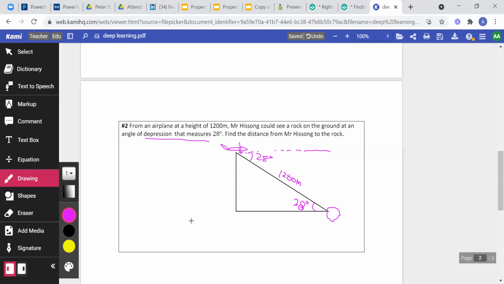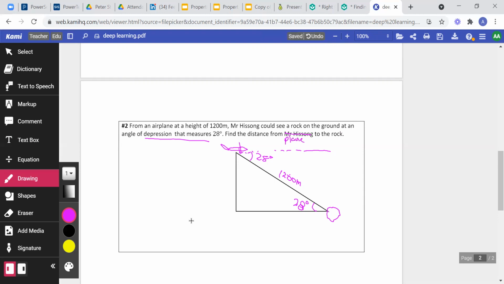So we now find the distance from the plane to the rock.